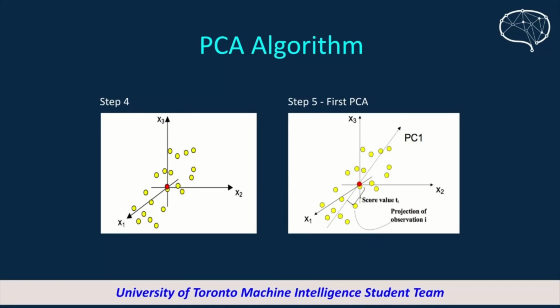The first principal component, which is PC1, is the line that best accounts for the shape of the point swarm. It represents the maximum variance direction in the data. Each observation, which is the yellow dot, may be projected onto this line in order to get a coordinate value along the PC line, and this value is known as a score.